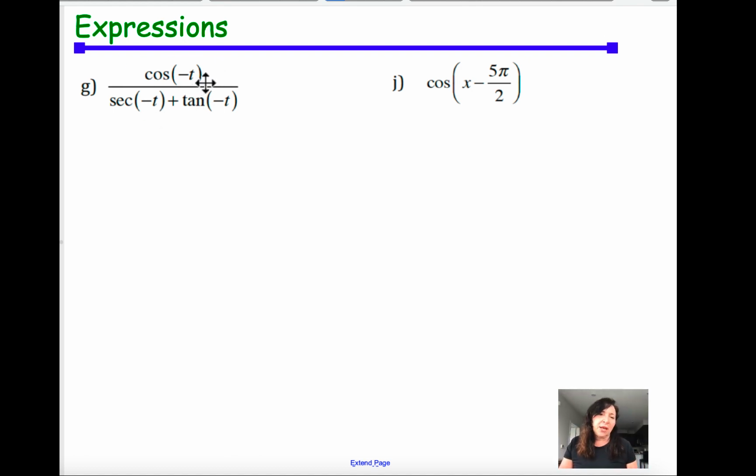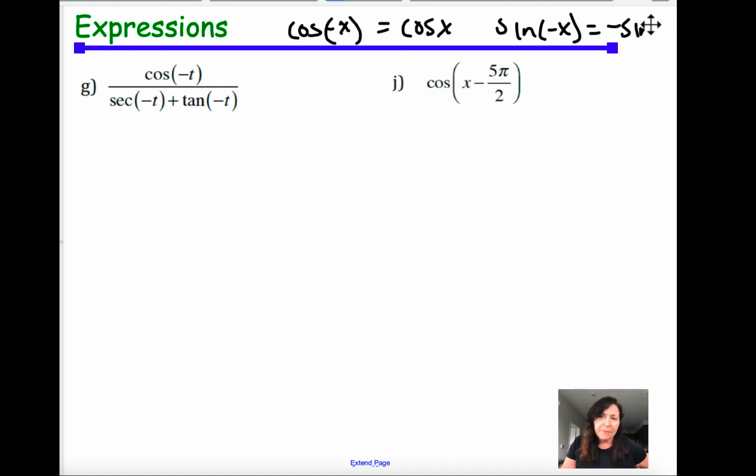These are using odd and even functions, but what's most important is that you remember that cosine of a negative value, any negative value, is going to be positive cosine of x, whereas sine of a negative value is going to be negative. Okay, and so tangent is sine divided by cosine.